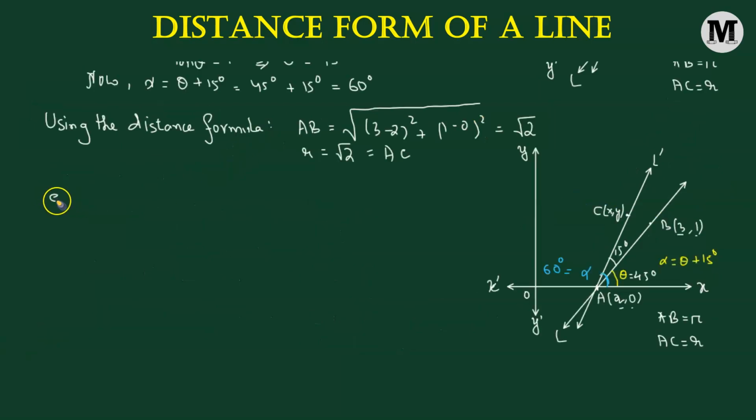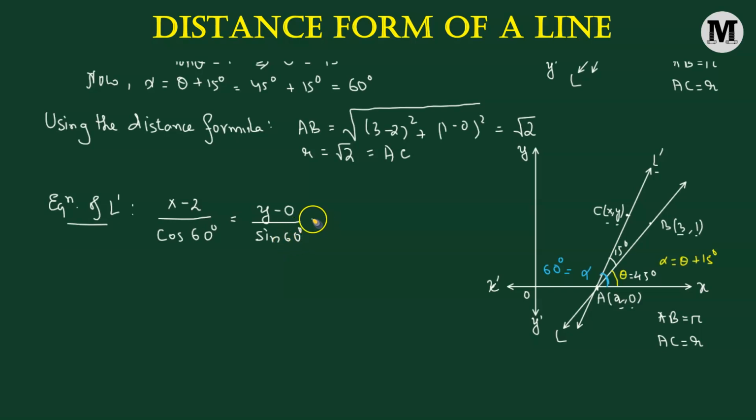So let us find the equation of the new line L prime. What we need is the difference of the x coordinate. Now here, in the line L prime, we see that x comma y lies to the right of the point A. Or in other words, the x and the y coordinate of this point are greater than the x and the y coordinate of point A. So here we take x minus 2 divided by cosine of the angle alpha, where alpha came out to be 60 degrees, equal to y minus 0 divided by sine 60 degrees.